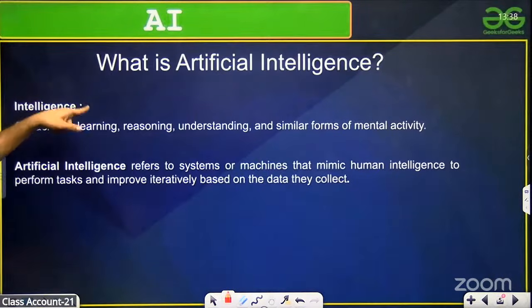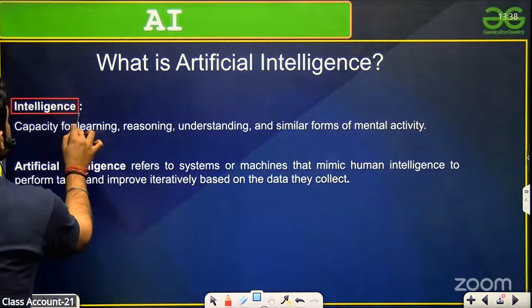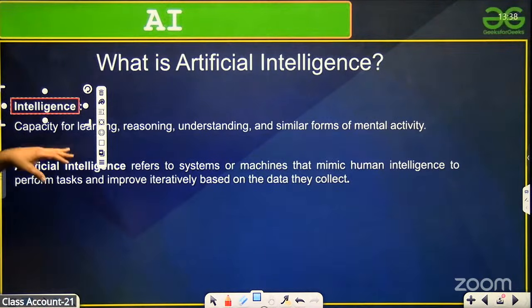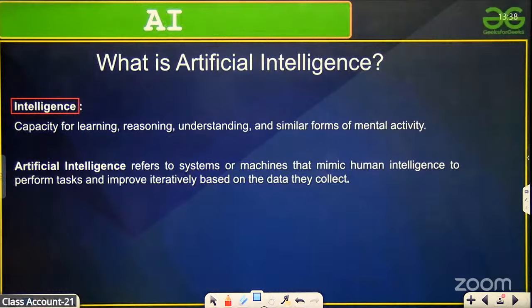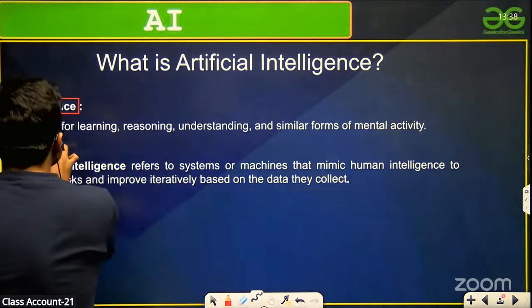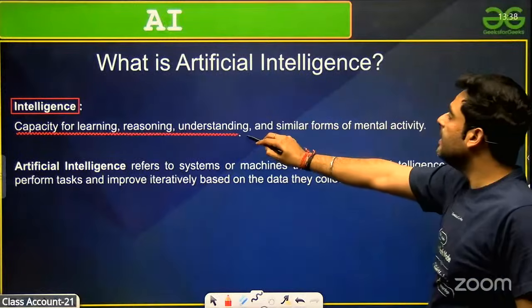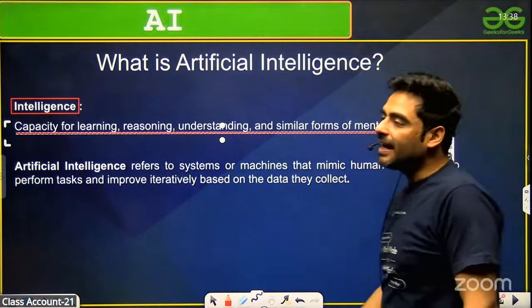AI would be using the term intelligence. Okay, AI क्या करेगा? It would be using the term intelligence, which actually means the capacity for learning, reasoning, understanding, and similar forms of mental activity.